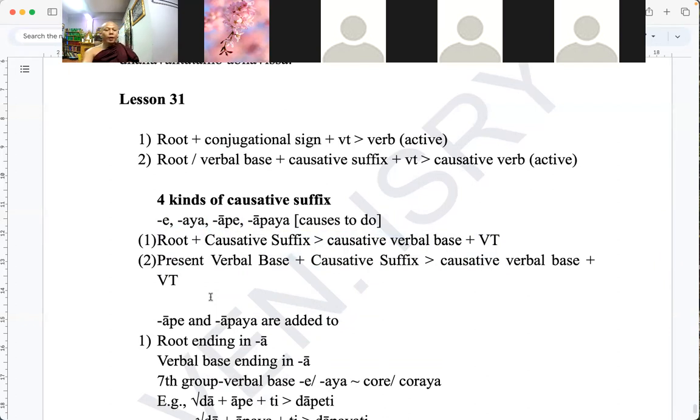And then, there are four kinds of these suffixes.